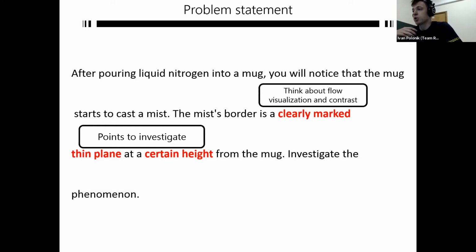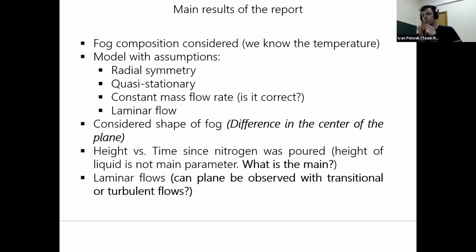For example, the reporter changed focus. How does it depend on time? And he could see that it decreased with time. But unfortunately, the reporter missed one point of the problem about the shape of the plane. So this is one of the points to improve in the report, to take it into account, at least experimentally. So now let's talk about the main results which were obtained by the reporter.